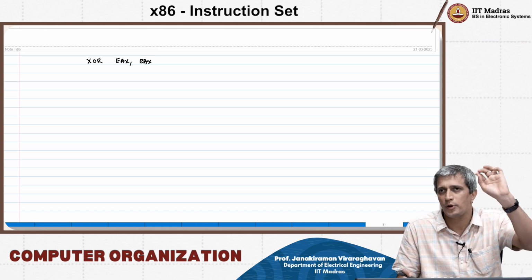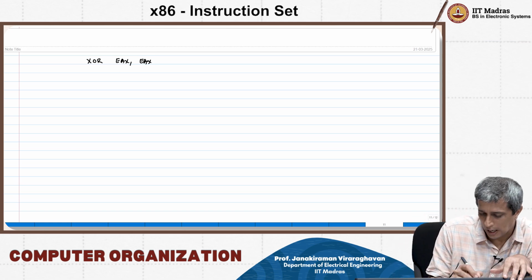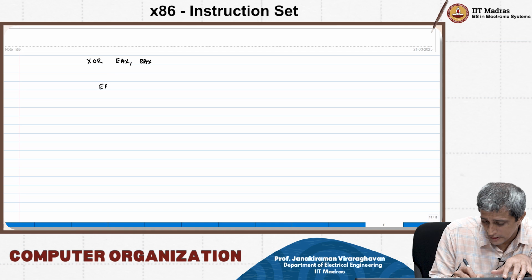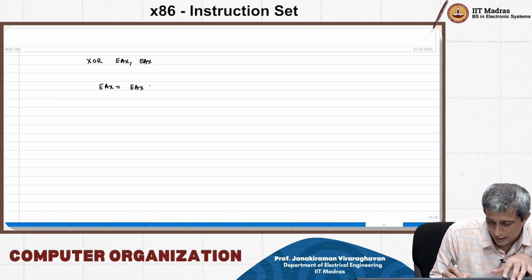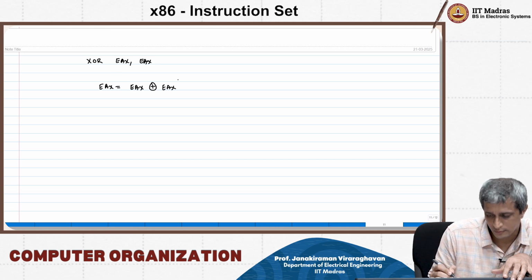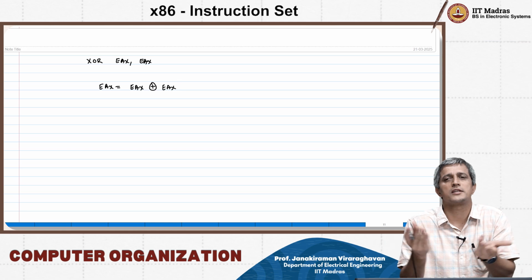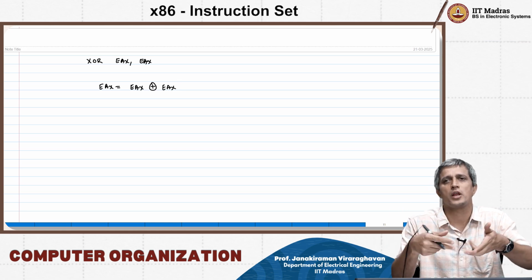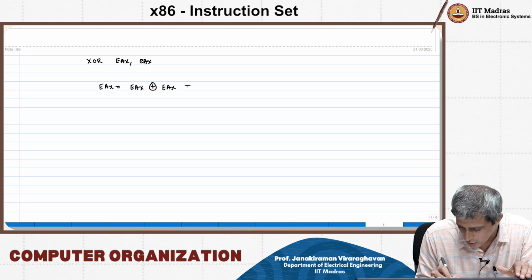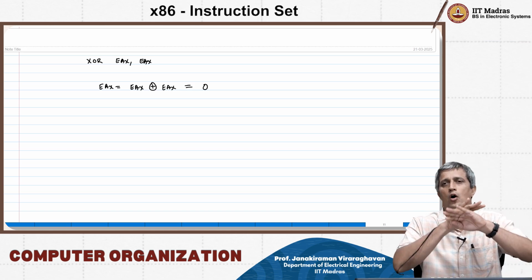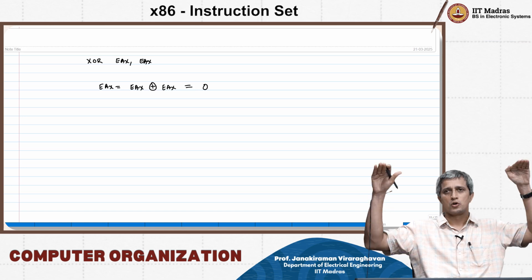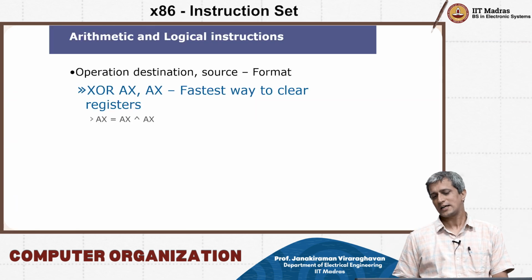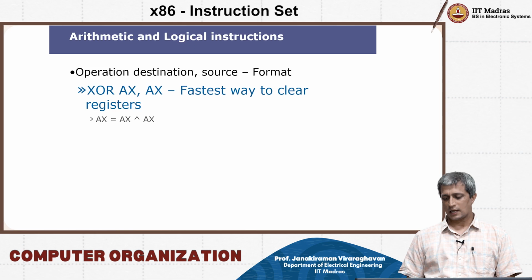It could be some arbitrary garbage value, but after this you will get the following result: EAX is EAX bitwise XOR with EAX. What is the answer? It doesn't matter what the value of EAX is, because XORing with itself will give you 0. So this will just set all the bits in EAX to 0, and it turns out this is the fastest way to clear a register.